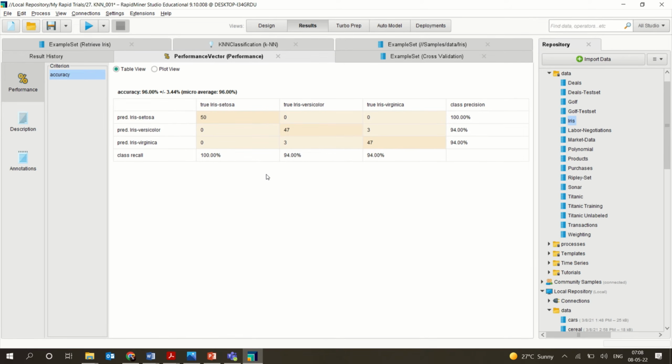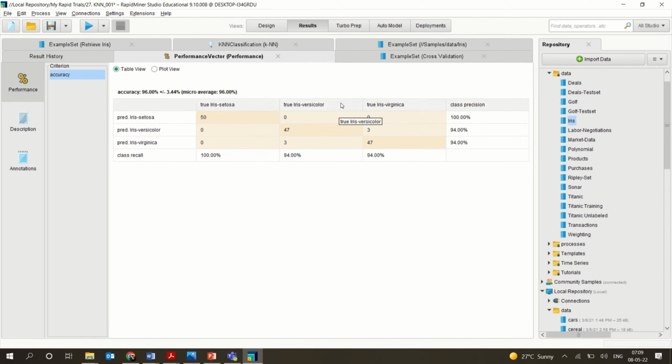Basically the confusion matrix gives you an accuracy. As you see, it is a matrix. The true number of setosa samples is 50, and how many of them have been predicted as setosa itself?